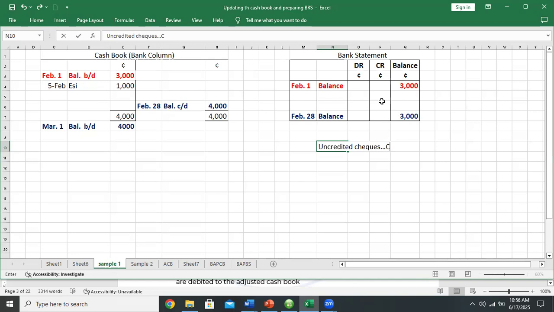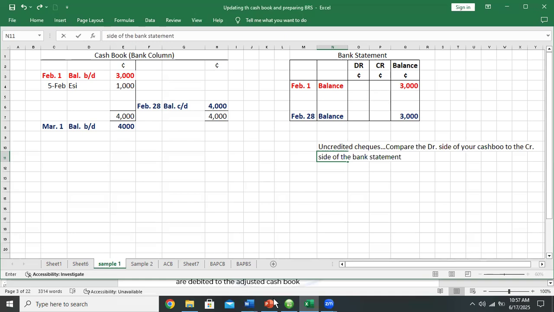You compare the debit side of your cash book to the credit side of the bank statement. So any check that is debited here but not credited here is an uncredited check.